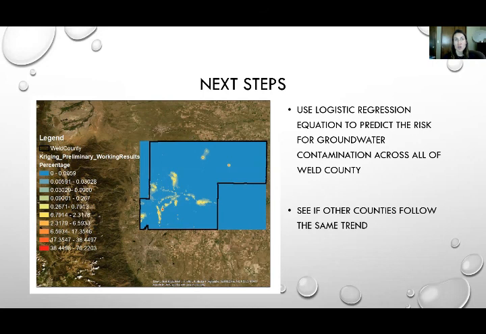I do some more social environmental research now, and a lot of GIS. And I realized, wait, couldn't I model the risk for groundwater contamination across all of Weld County using this logistic regression equation? And the answer is yes.